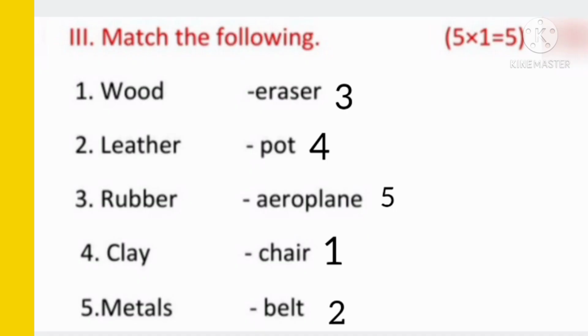Look here children, next Roman, match the following. First one, wood, leather, rubber, clay and metals. Which is the matching for wood? Wood is eraser. Is this correct? No. Pot? No. Aeroplane?